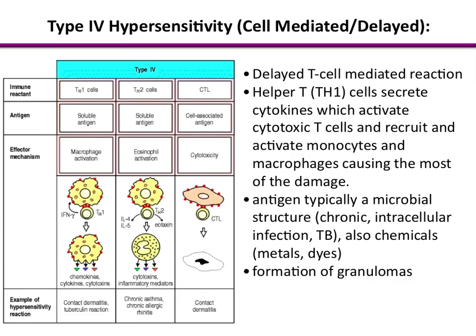But it can be also chemicals and metals and dyes and amalgam; metal fillings and structures in the oral cavity can be a cause for it. And it leads to formation of granulomas, which we also see in periodontal disease.